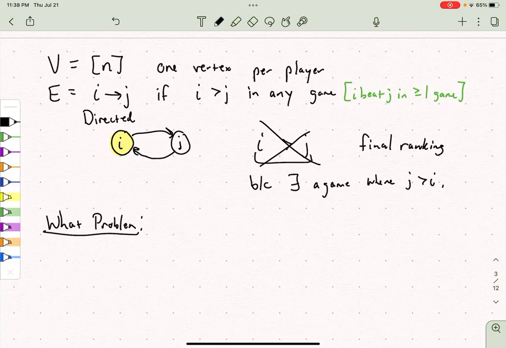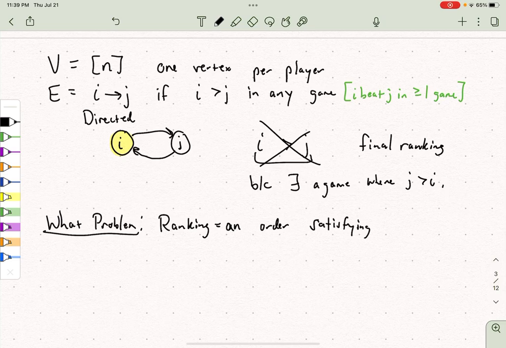But in general, this ranking we want corresponds to the ranking being in order, satisfying: I comes before j, or let's rephrase it as I comes after j. So I is greater than j means I comes before j in the ranking because we're ranking the best players first.